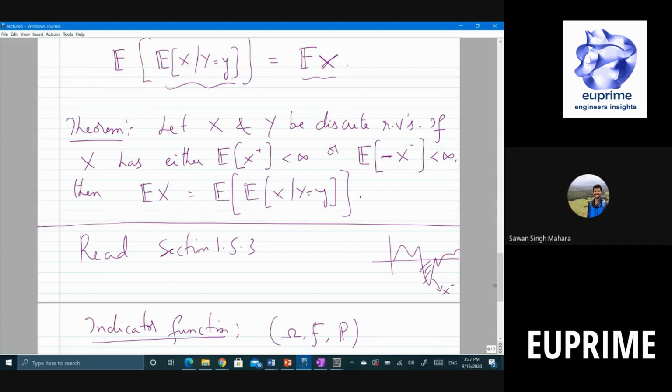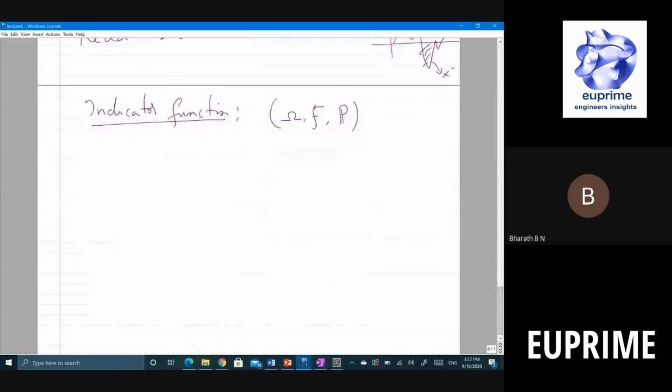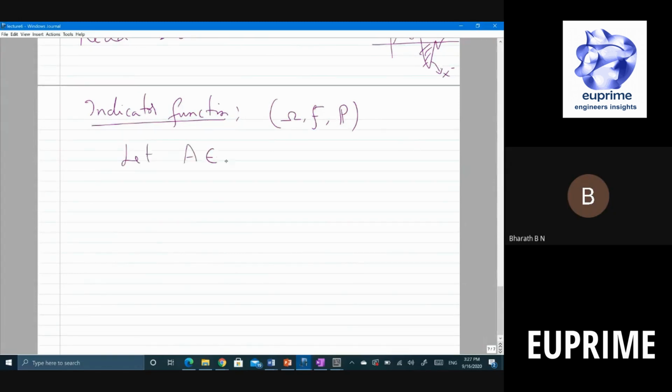Okay, so let's take an event. Let A belong to omega. So you take an event, and the indicator of A, I'll denote it this way. The indicator of A is 1 if omega belongs to A, 0 otherwise.